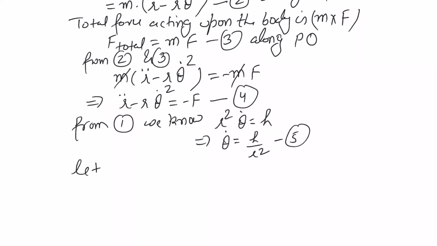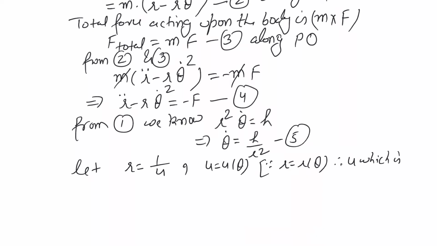Let us assume that r is equal to 1 by u, where u is a function of theta. Because r was a function of theta, therefore u, which is the reciprocal of r, will be a function of theta only.